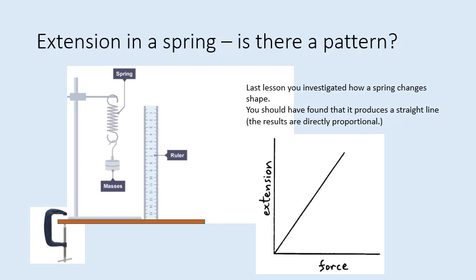As you double the force, you're going to double the extension. If you have 2 newtons and the extension is 2 centimeters, and you go to 4 newtons, the extension will now be 4 centimeters. You double one and then you double the other.